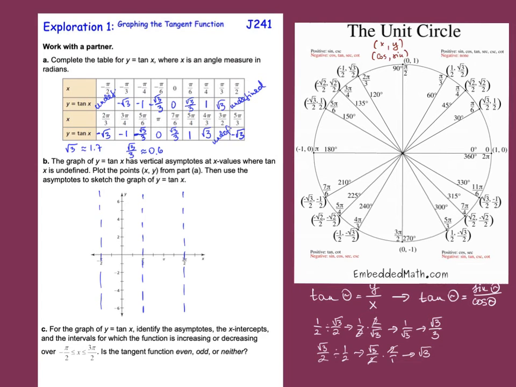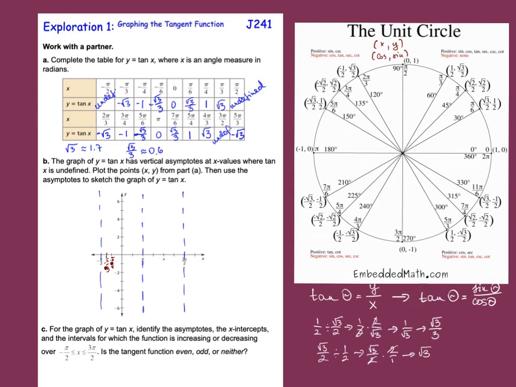So at negative pi over 3, I have negative root 3. I would say it is going to be my negative pi over 3. So negative root 3 is 1.7. So if 2 is here, 1.7 is about here. Then I go to negative pi over 4, which is negative 1.